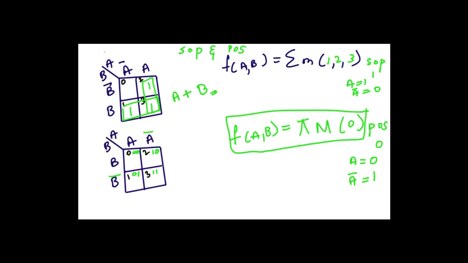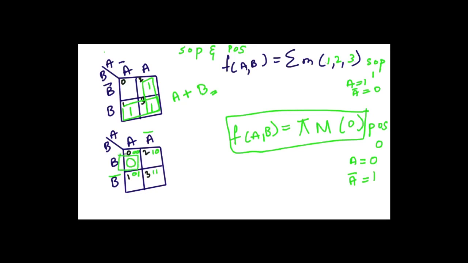So now from this question, the max term is 0. So at the place of this max term, I write 0. In SOP we write ones, but in POS we write zeros. Now when I write this 0, there is no other max term, so I can group only this single 0.